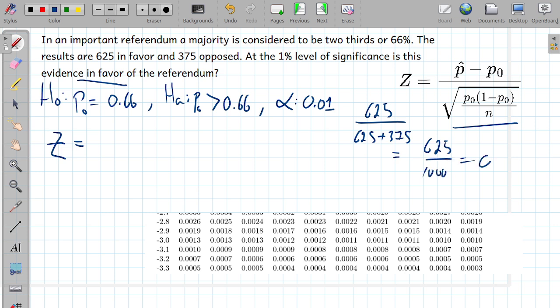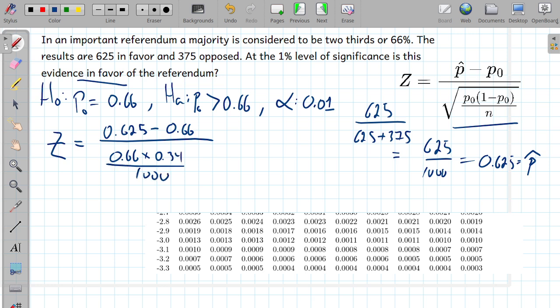And that makes this easy. 625 out of 1,000 is our p hat value. So we have 0.625 minus 0.66. And for the square root, we got 0.66 times 0.34 divided by 1,000, and we'll put that under a square root.